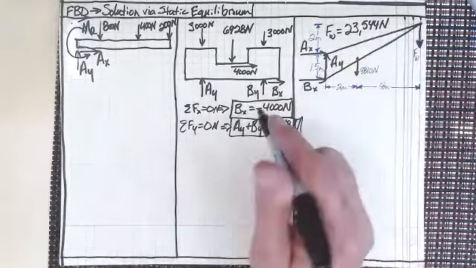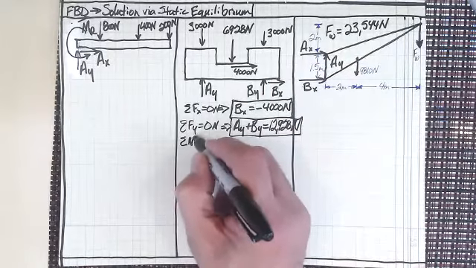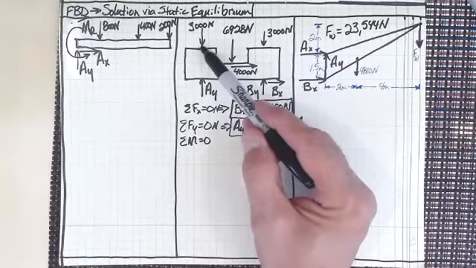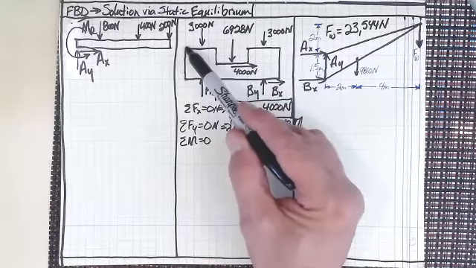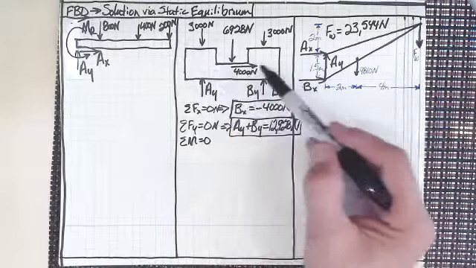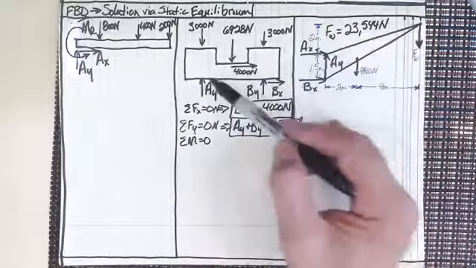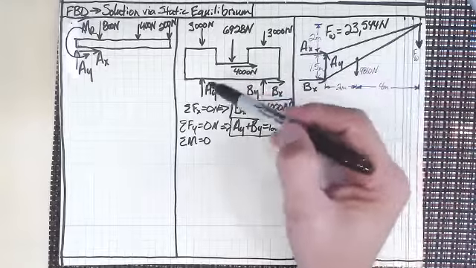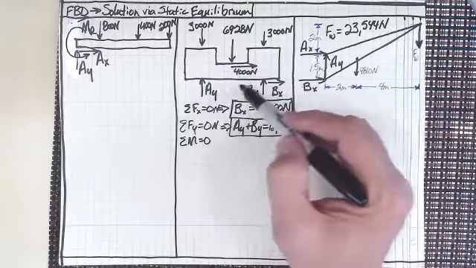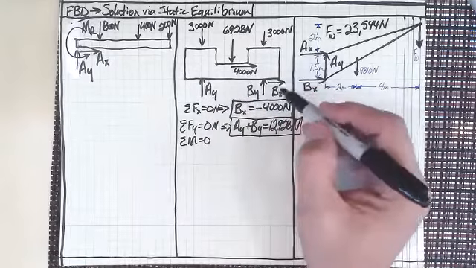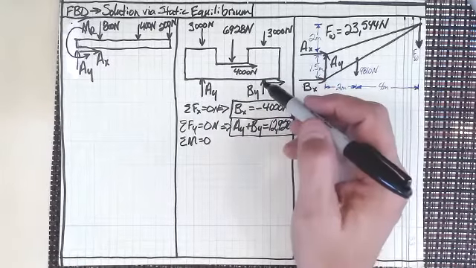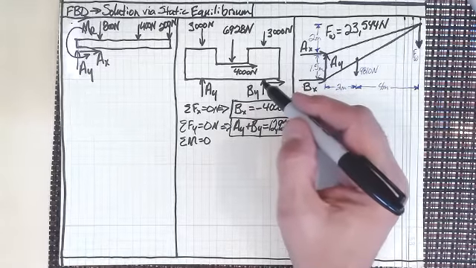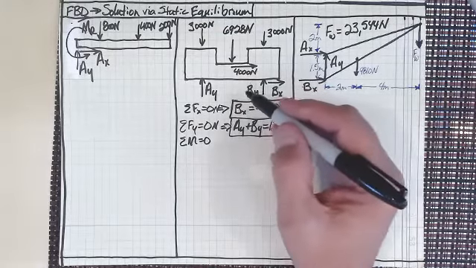So I want to now sum moments equal to 0. But what point should I sum the moments about? Should I sum them about the 3,000 newtons here? Maybe that point? Maybe this point in the upper right-hand corner. Since it's a rigid body, it doesn't matter where I actually sum them, right? But is there a particular place on this rigid body that I could sum moments about where the unknown forces go through that point?